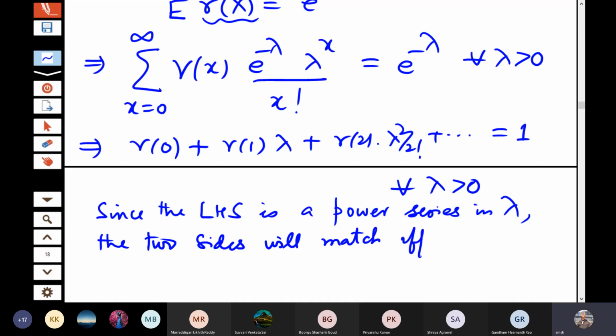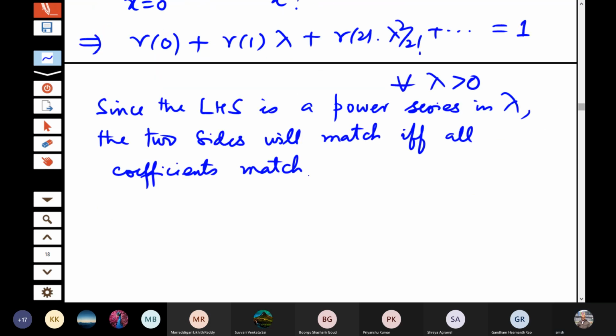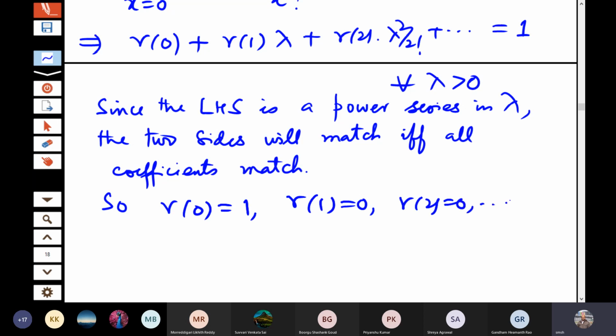It will match if and only if all coefficients match. So I will get gamma 0 is equal to 1, gamma 1 is 0, gamma 2 is 0, and so on. This means beta x is equal to gamma x for all x.